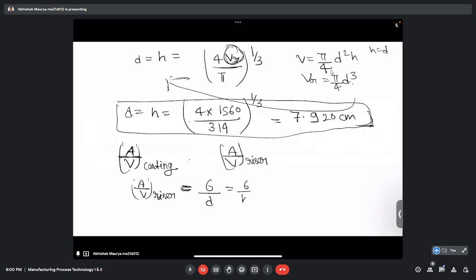if you calculate it, it will directly come out to be 6 by d or 6 by h. And if you substitute the value, we will get 6 divided by 7.920 centimeter inverse, or 0.75 centimeter inverse. Now we will try to find out the A by V ratio for casting.